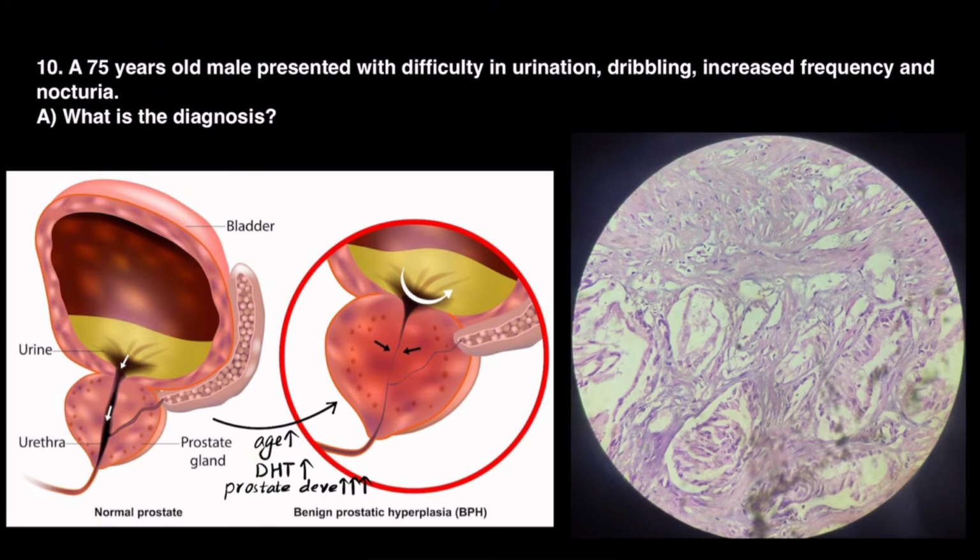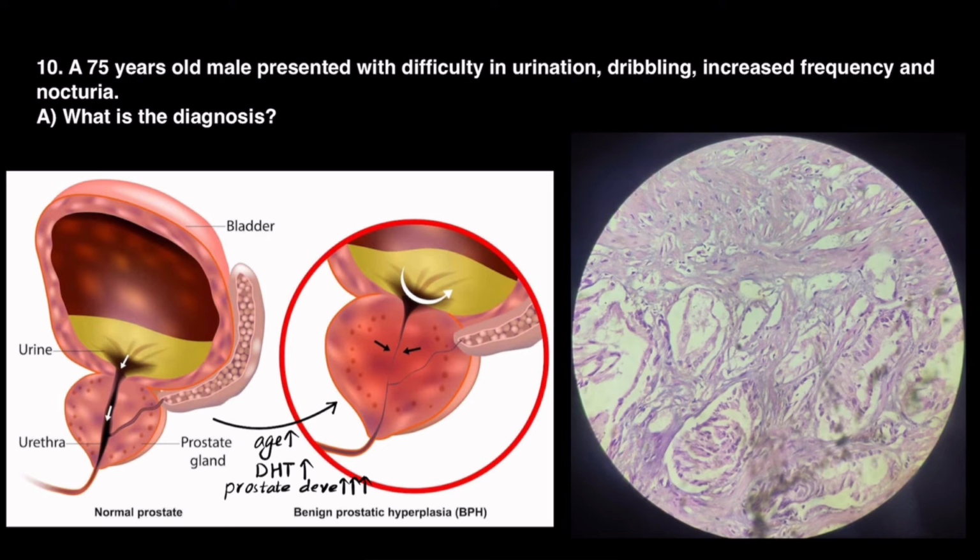Dihydrotestosterone is responsible for the development of prostate gland. Since at an old age, dihydrotestosterone is present in excess, there is excess development of prostate gland. There is abnormal or a much excess growth of prostate gland. As a result, the urethra gets compressed and there is difficulty in urination.